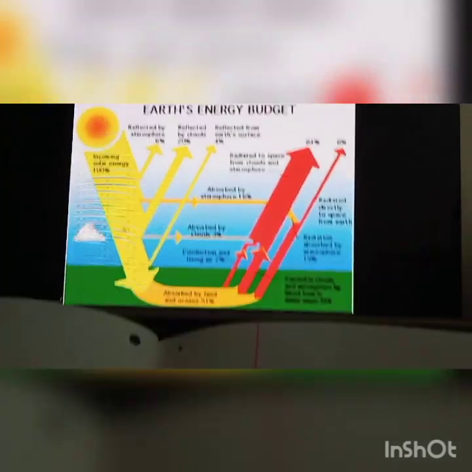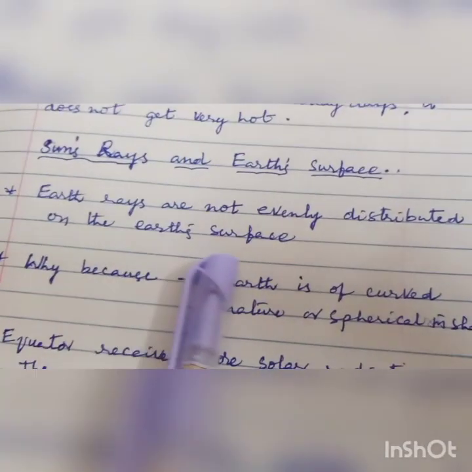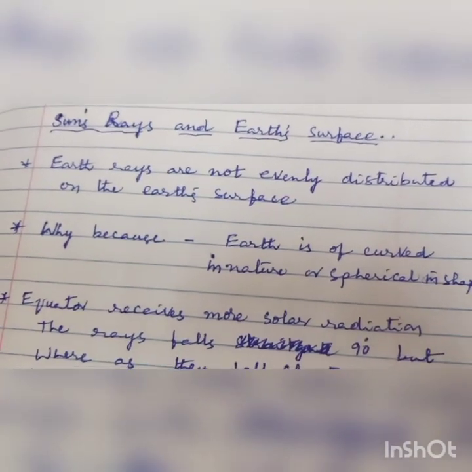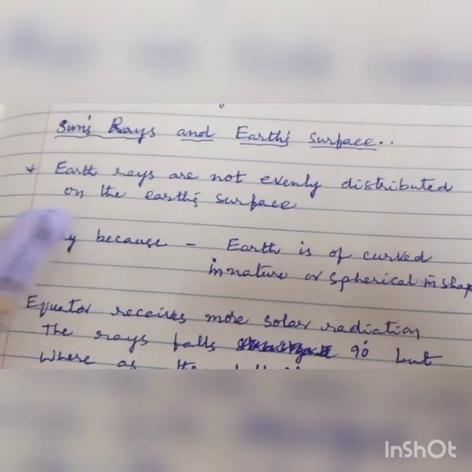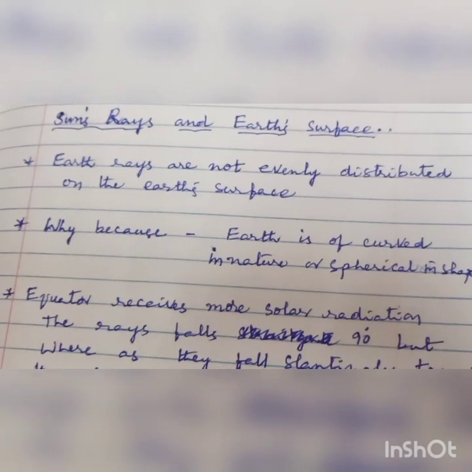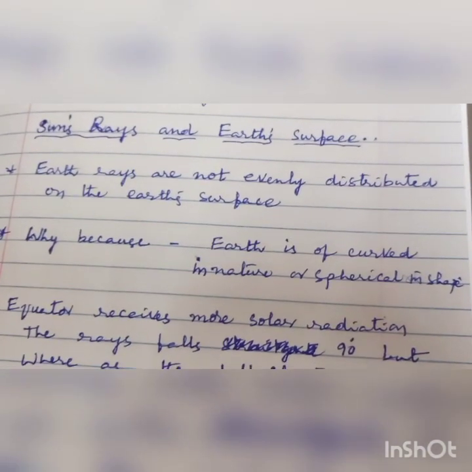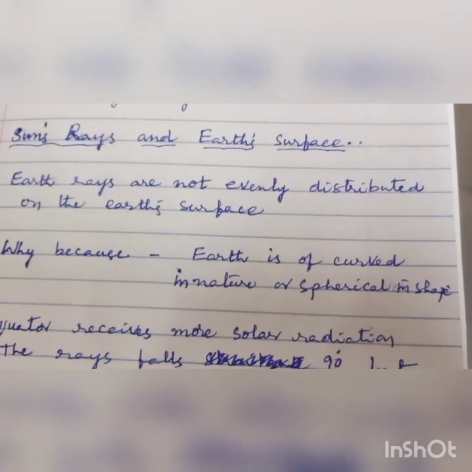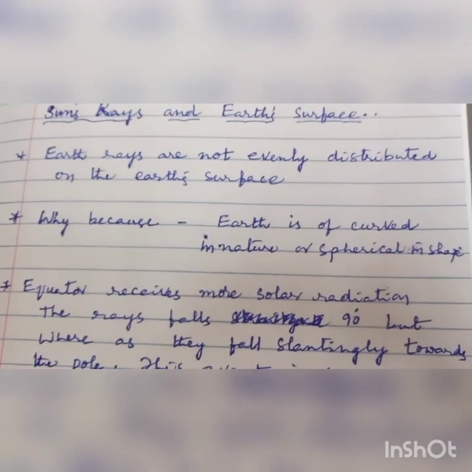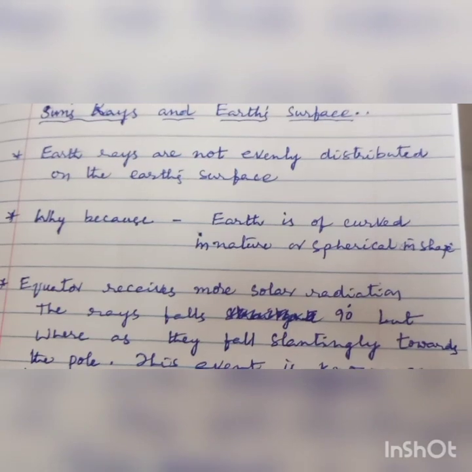So the rays are not evenly distributed on the earth's surface. We had already learned about this. Some regions of the world receive more temperature, and some areas receive less and scanty temperature. Why such difference? Why is such variation taking place?